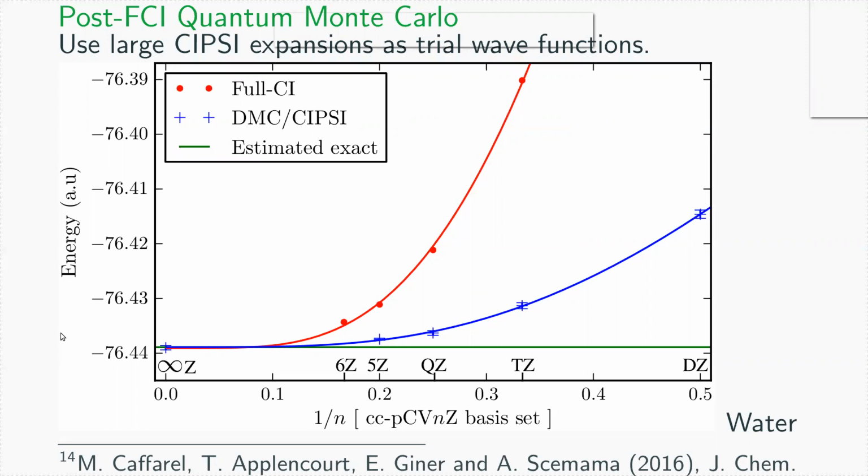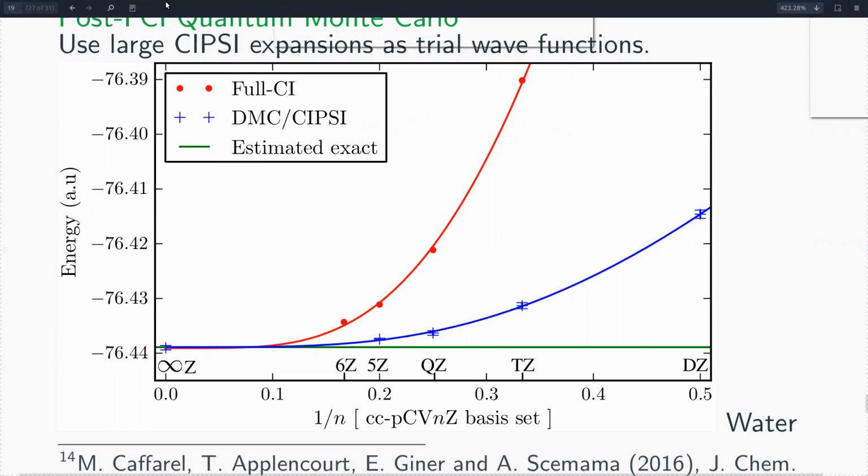Let's talk in terms of full CI. The full CI in an infinite basis set. So the exact solution of the Schrodinger equation in quantum space. Okay. Here, this says the basis set. So it's a Dunning basis set, standard, augmented, double zeta, triple zeta, quadruple.